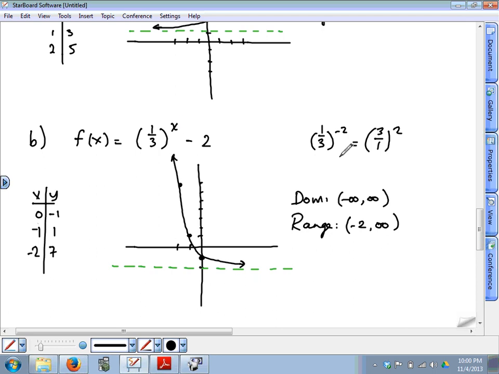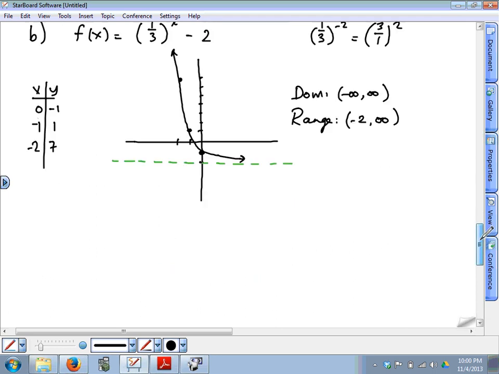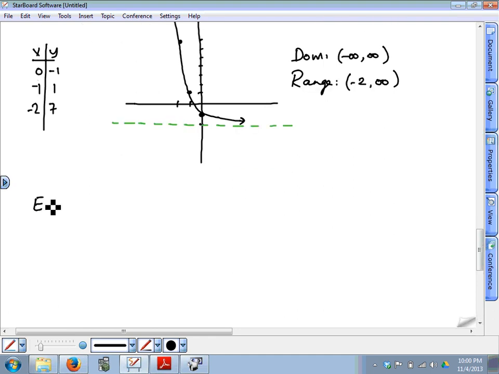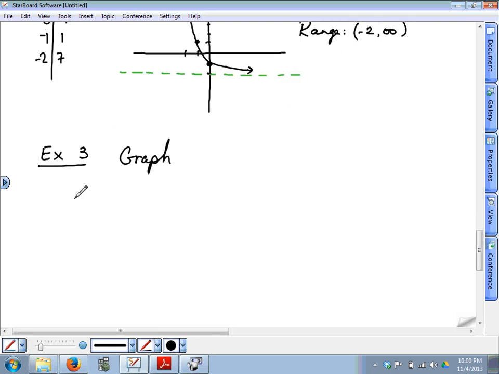Let's see what happens when we start messing around with values and transformations inside the exponent there. So example 3. Same thing, we're going to graph 2 to the x plus 1 power minus 1.